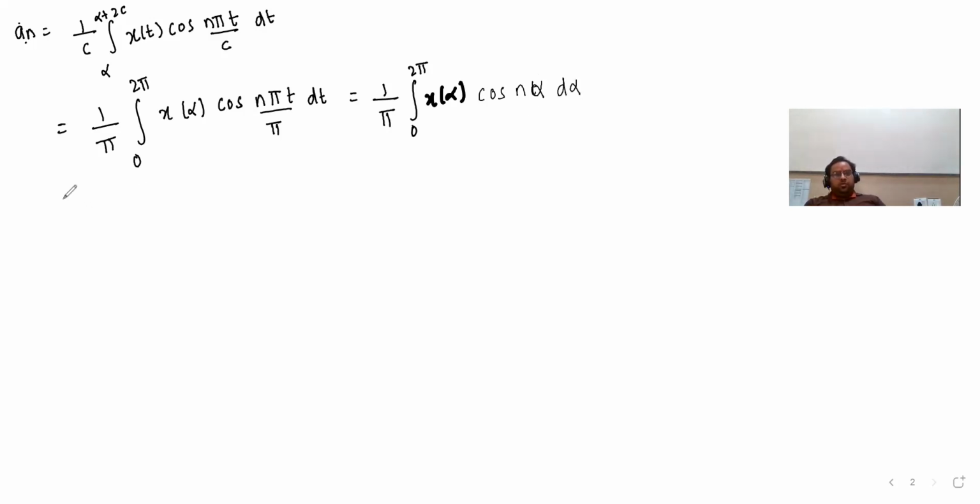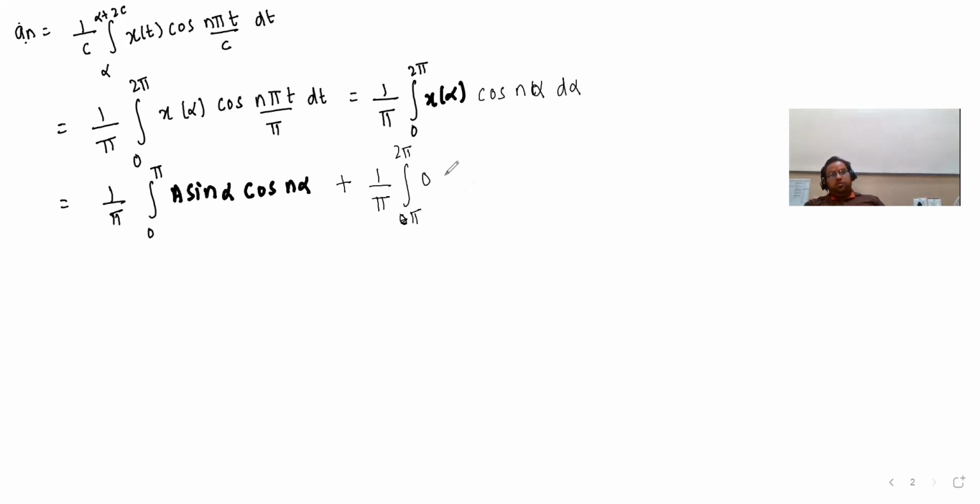So this becomes equal to 1 by pi, integral from 0 to pi, of a sine alpha cos n alpha, plus 1 by pi, integral from pi to 2 pi.